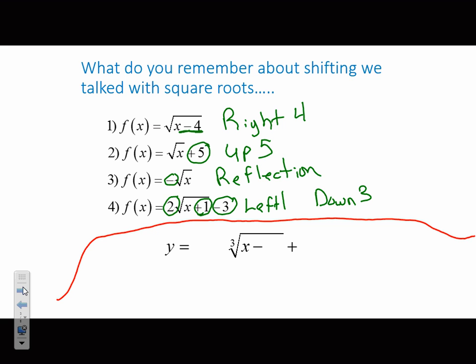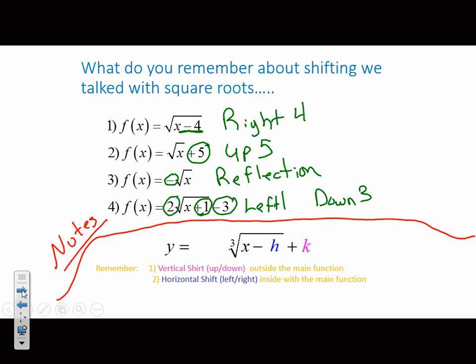Okay. Now, this next whole section right here, you guys, I want this to go into our notes, okay? So get this next part in our notes. This is our general setup for our cube root. So once again, anything on the outside is going to be our vertical shift. So it's going to make us go up or down. Anything on the inside of our cube root is going to make us go to the left or to the right.